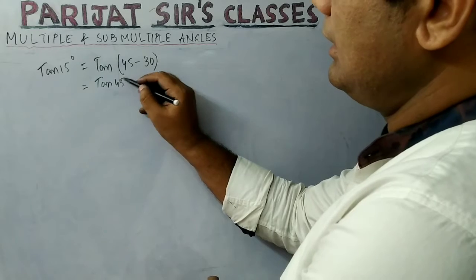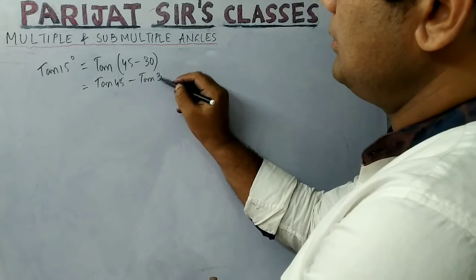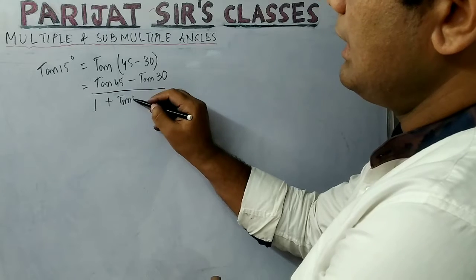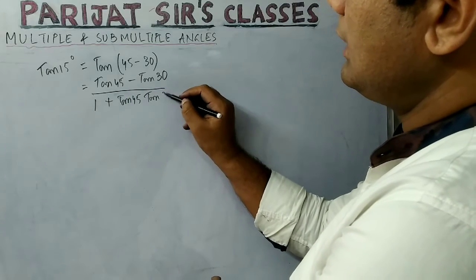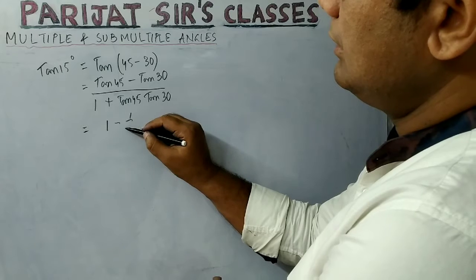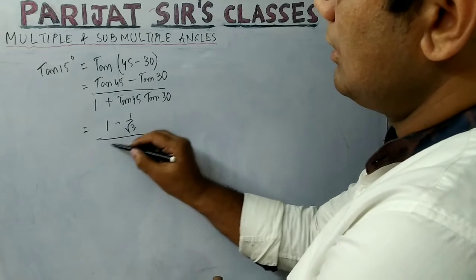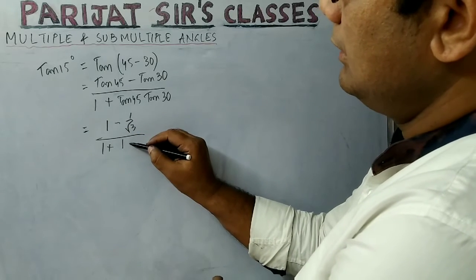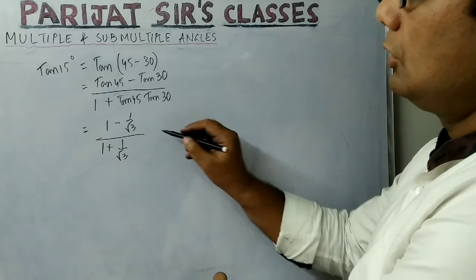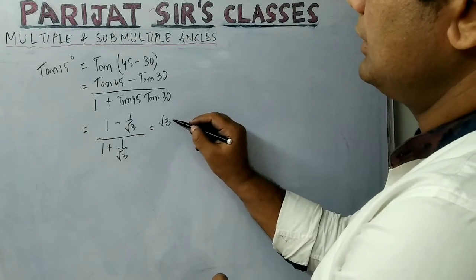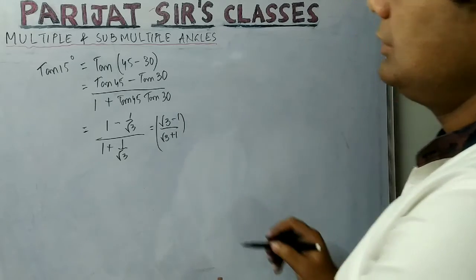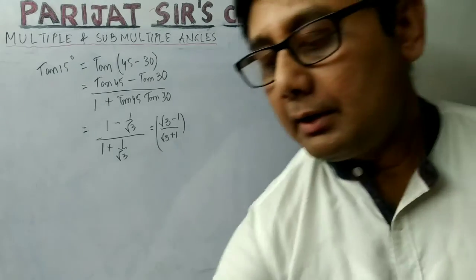It's tan A minus tan B by 1 plus tan A into tan B. Tan 45 is 1, tan 30 is 1 by root 3, so 1 plus 1 into 1 by root 3. So this is coming out to be root 3 minus 1 by root 3 plus 1. So this is the value of tan 15 degree.